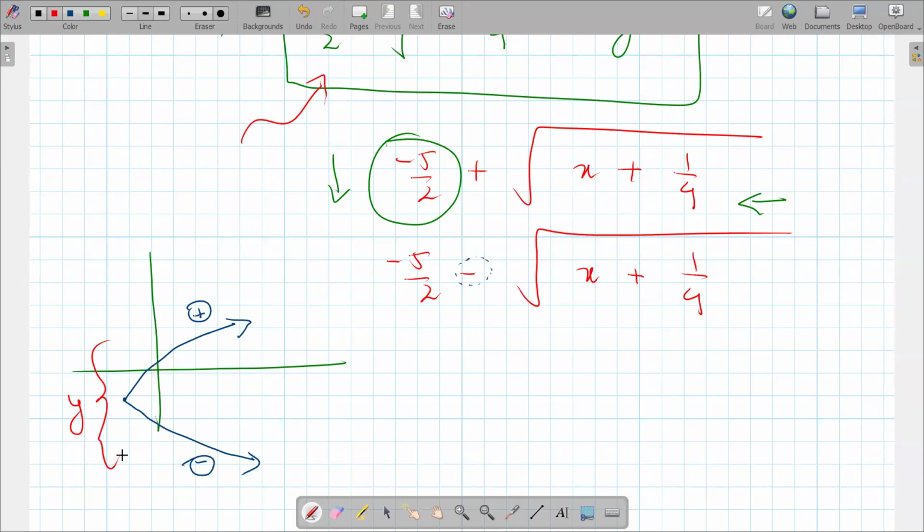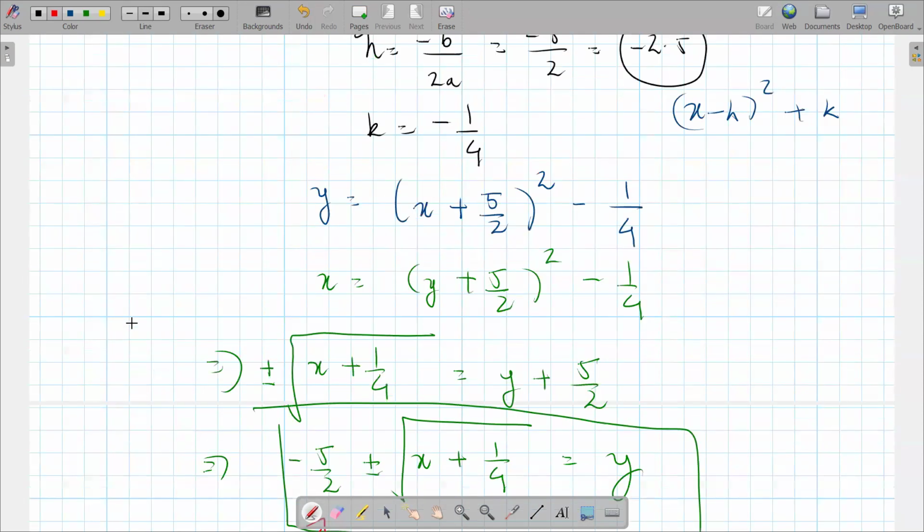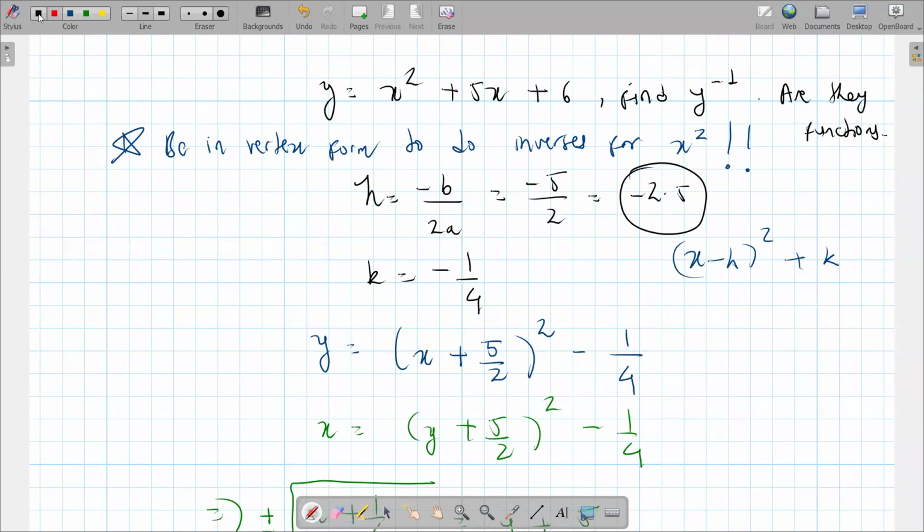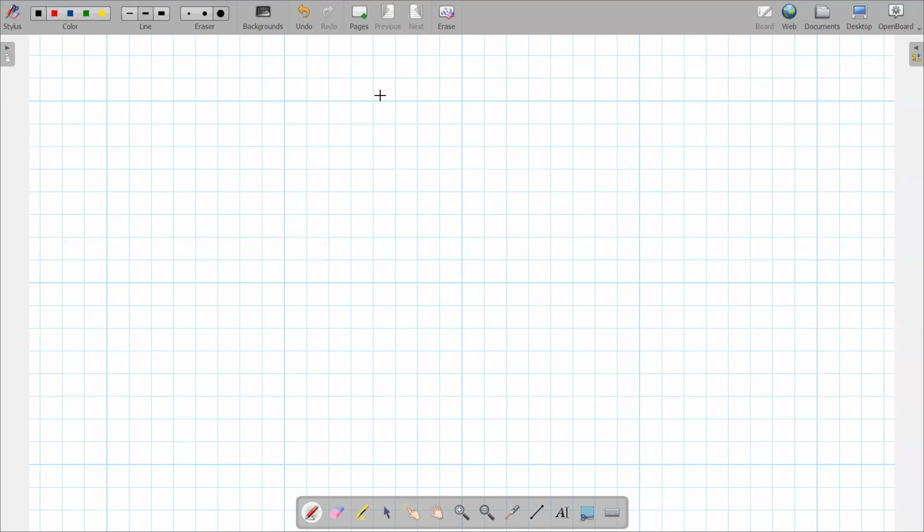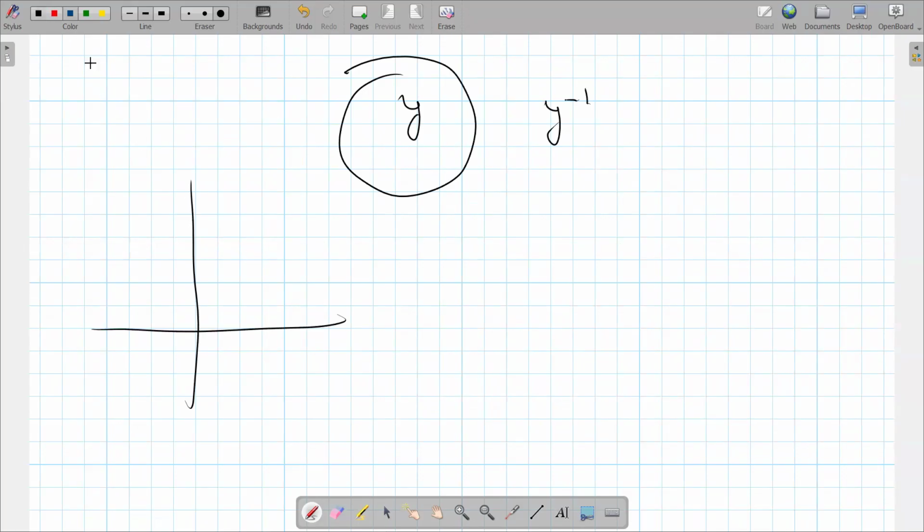Is this a function? It's not. Why not? Correct. So here's a quick way we could have seen all of this at the very beginning. You have y and you have y inverse. Usually, not always, y is easier to graph than y inverse.